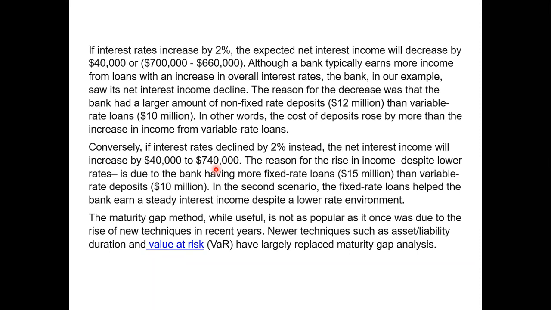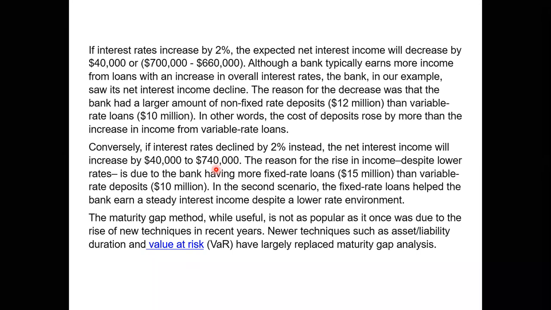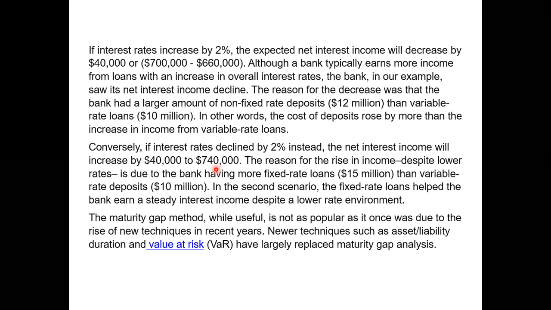The maturity gap method, while useful, is not as popular as it once was, due to the rise of newer techniques in recent years. Techniques such as asset or liability duration, which we will discuss in coming slides, and value at risk have largely replaced maturity gap analysis. I hope all of you have understood.